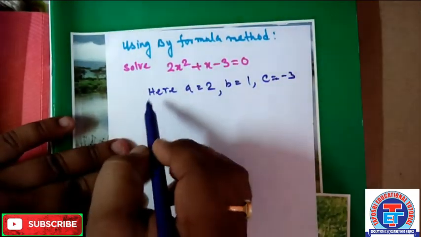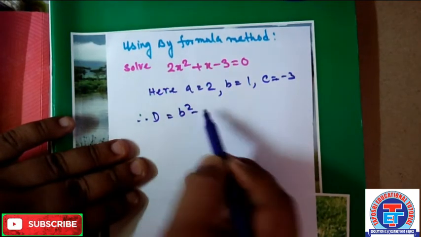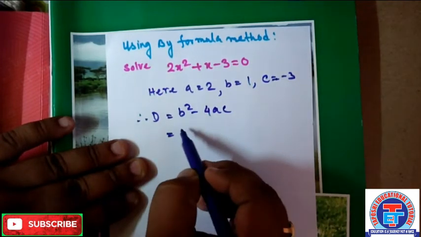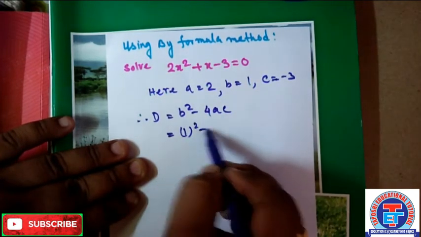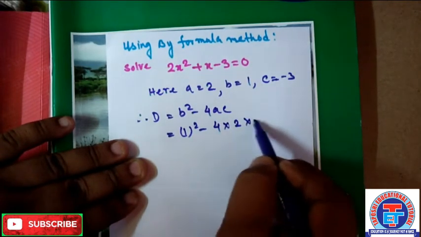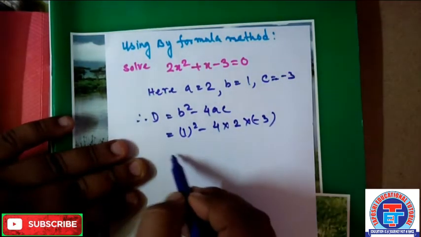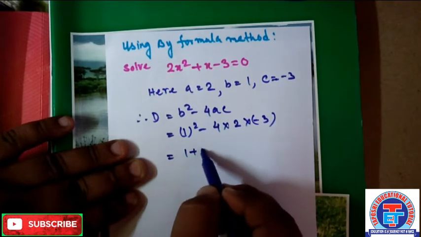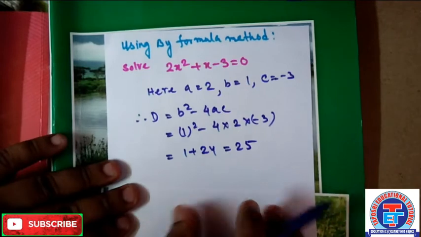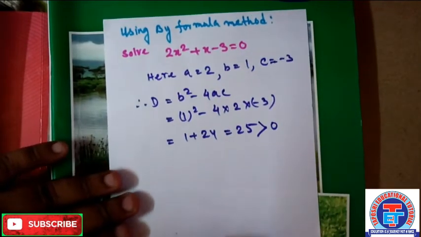Now therefore d, the discriminant, is equal to b square minus 4ac. Now put the value, we get 1 square minus 4 into 2 into minus 3, right? So it will become 1 plus 24, that means 25, okay, which is greater than 0, right?